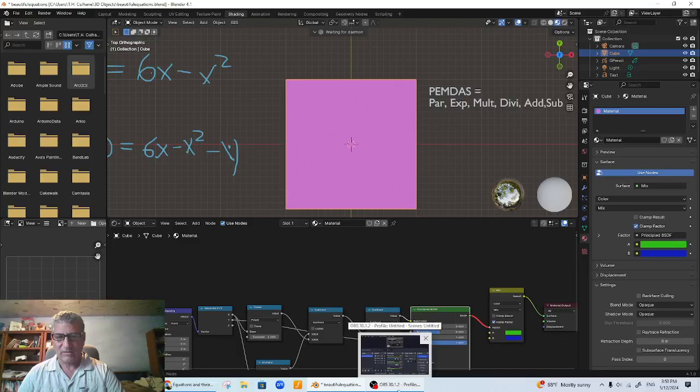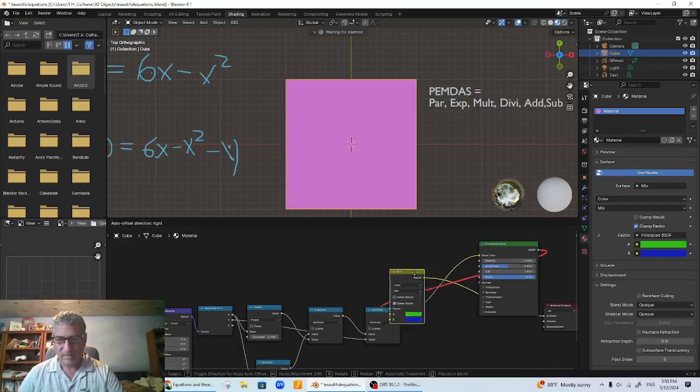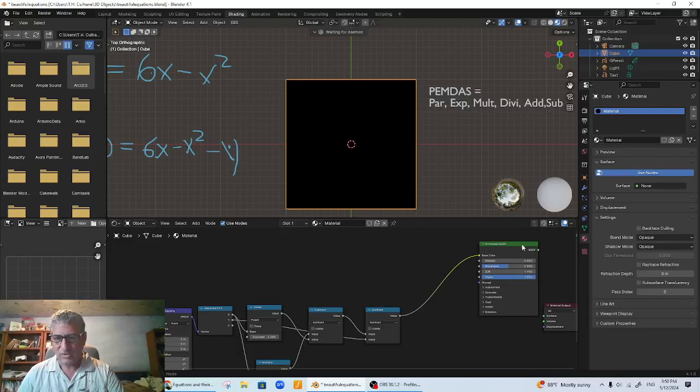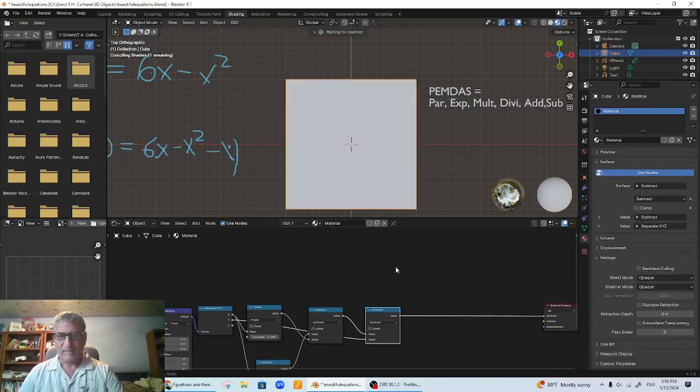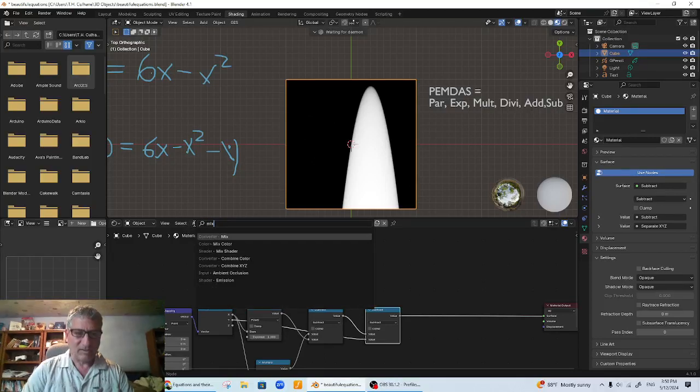See what that does. Maybe I should put the mix node over here. This one always confuses me. Let me delete that. And let's delete the BSDF shader. Let's go to here. Now we get our parabola. Let's add again a mix color.